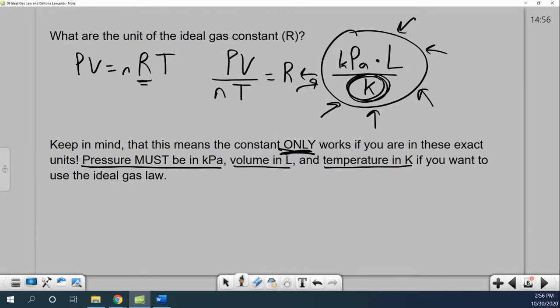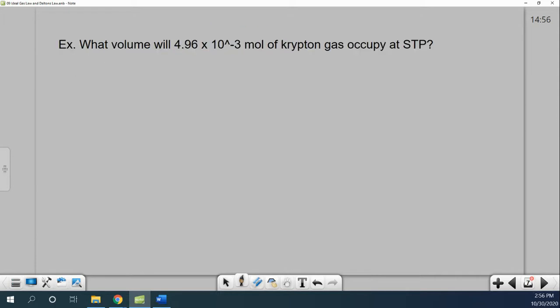Because if you're going to plug into the ideal gas law and you want your units to cancel properly, these are what you have to be using. If you're not using them, then your answer will be wrong because your units won't have canceled properly. So make sure from now on, even if it doesn't seem easy, always convert pressures to kPa, always make volumes go into liters. And then you're good to go for your ideal gas law.